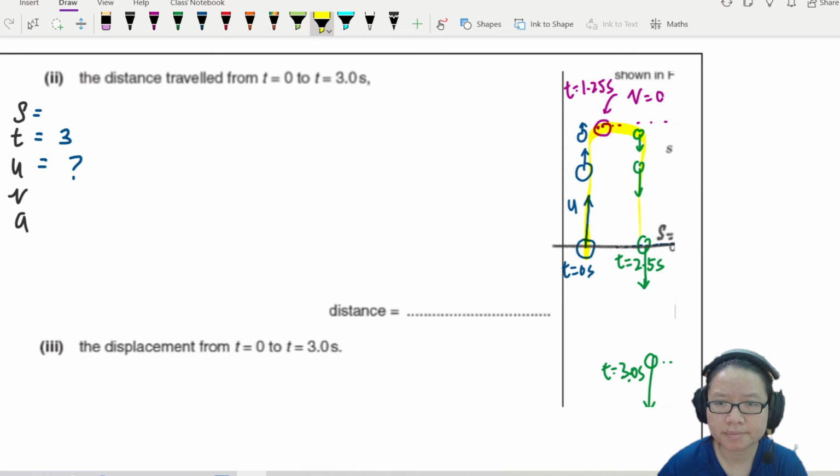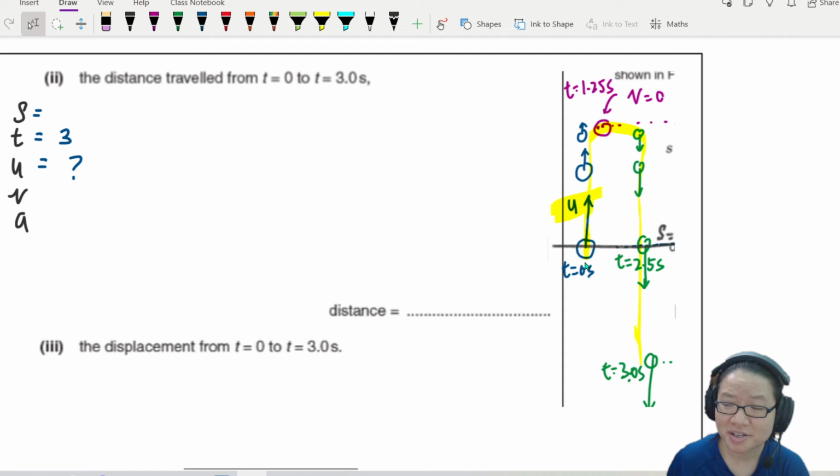But you see, your problem is still the same. You don't have your initial velocity. So if you start from here 0 and you end up here s, not only you cannot find the distance traveled, which is the length of the yellow highlight, you will find the displacement, which is here to here. Here to here is your s.